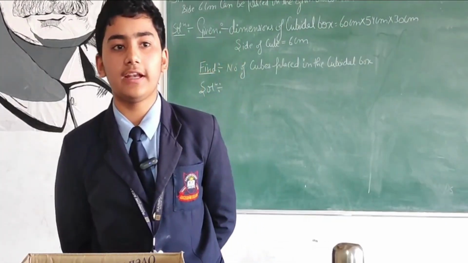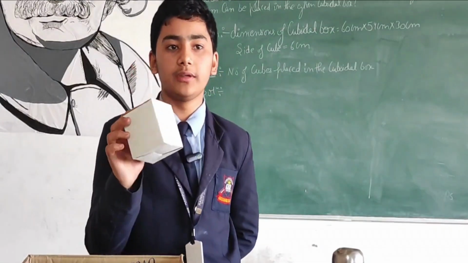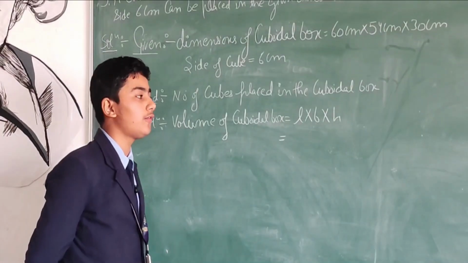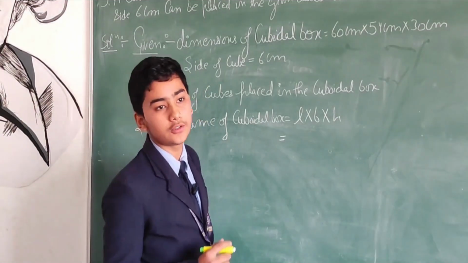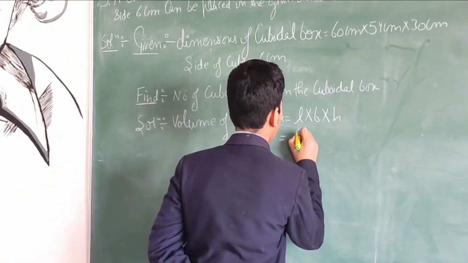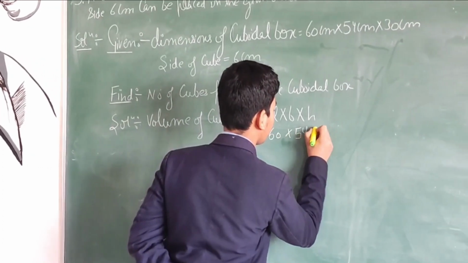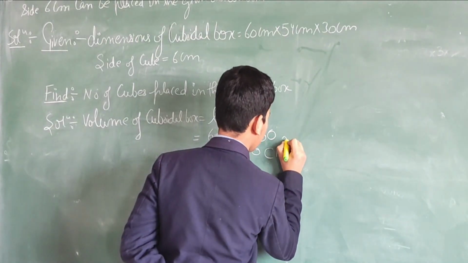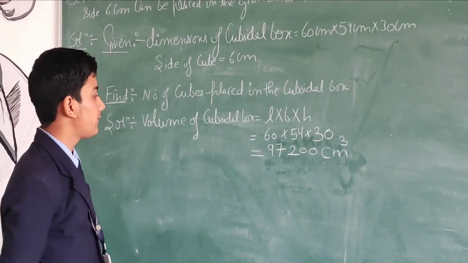So we can find the volume of cuboidal box and then find the volume of cubical box. This is the formula of volume of cuboidal box. Let's put the values. So this is the volume of the cuboidal box.